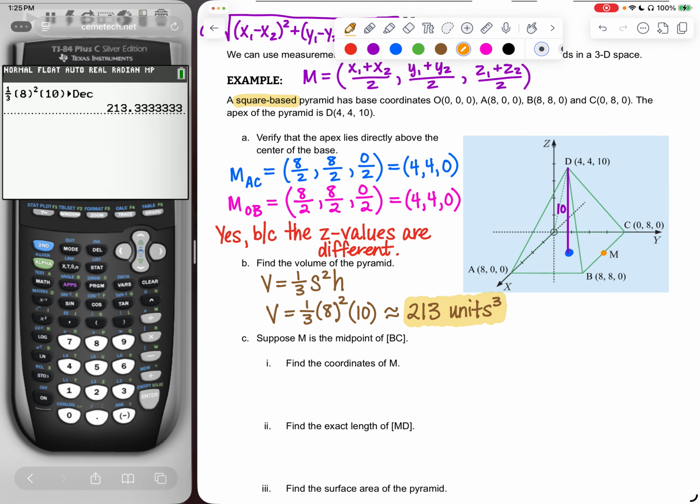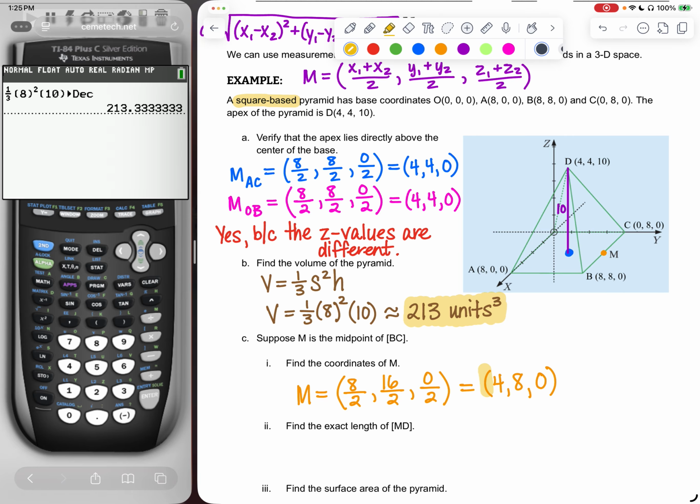So if I want to find the coordinates of M, all I have to do is find the midpoints. So I need to add my X values, so that's going to be 8 divided by 2. Add my Y values, which is going to be 16 divided by 2. And then add my Z values, which is going to be 0 divided by 2. So when I simplify it, I get 4, 8, 0.